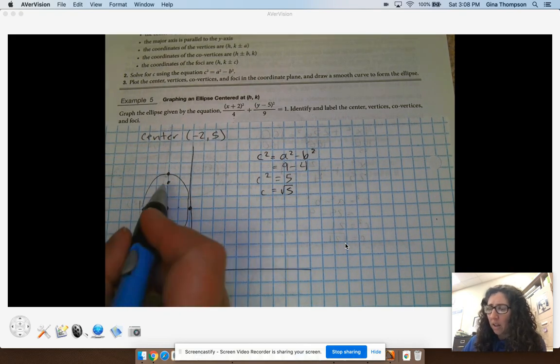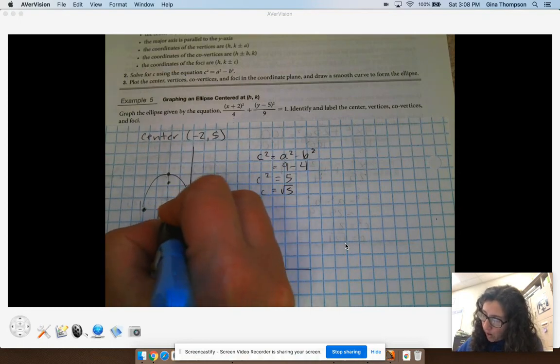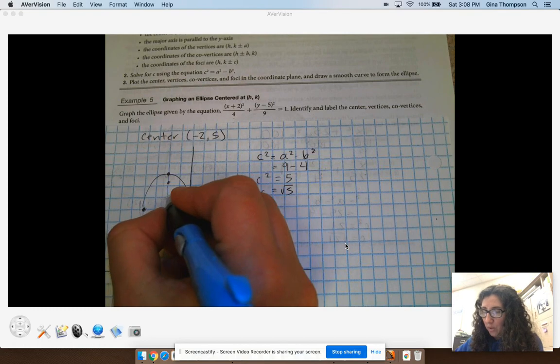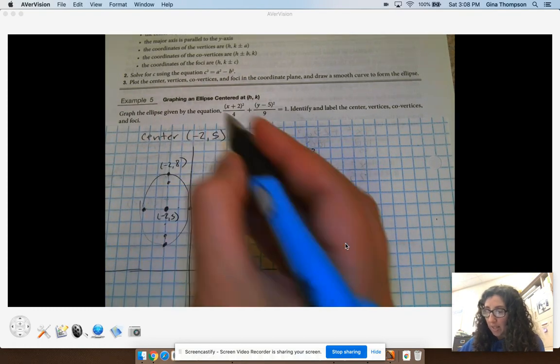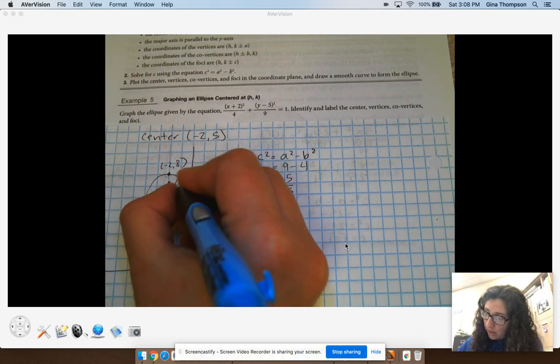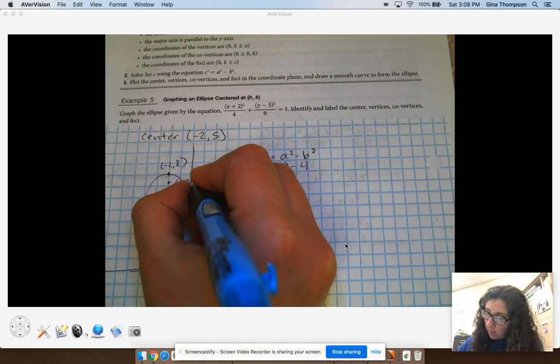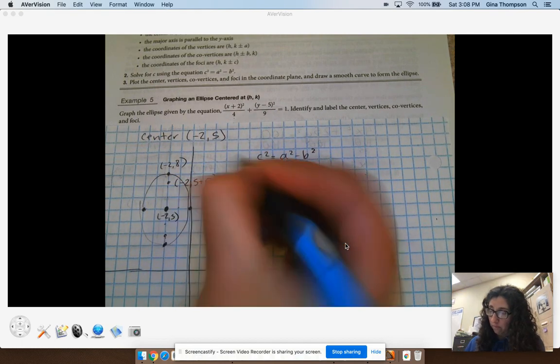The math gets a little bit, you just have to think through it, right? If this is negative 2, 5, then this is going to be negative 2, 8, right? It's going to be 5 plus however many units we went up. And what would be this focus? Negative 2, 5 plus square root of 5, right?